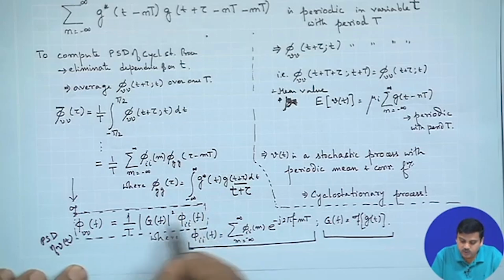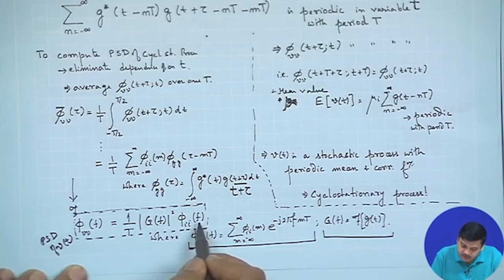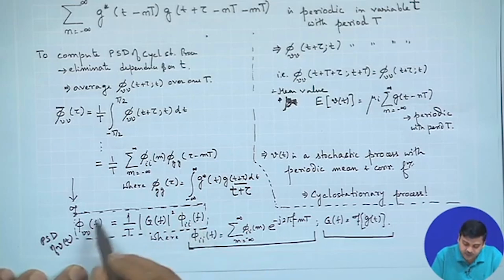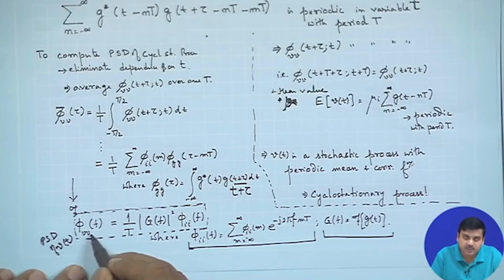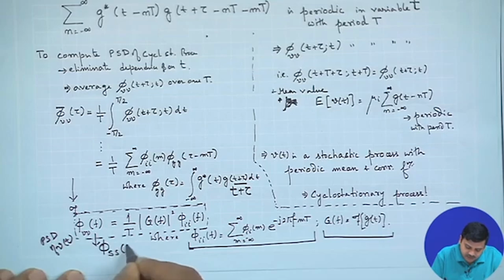So, we have two different parts to it, and if we have to control the characteristics of this, because this influences the PSD, from this you could go to phi_ss(f) through the relationships which we had shown before.